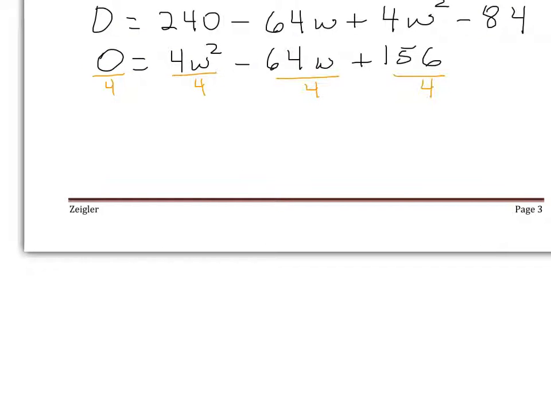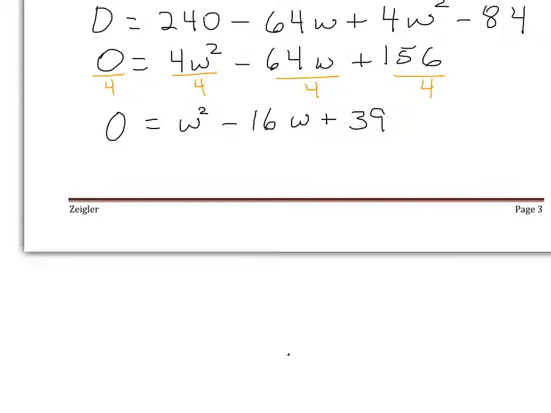And then we end up with 0 equals w squared minus 16w plus 39.